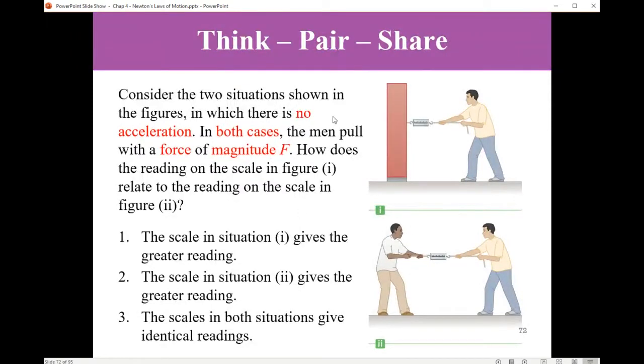Consider the two situations here. In both situations, there is no acceleration. In both cases, the men pull with a force of magnitude F, so the magnitude of the force is the same. How does the reading on the scale in figure 1 relate to the reading on the scale in figure 2?